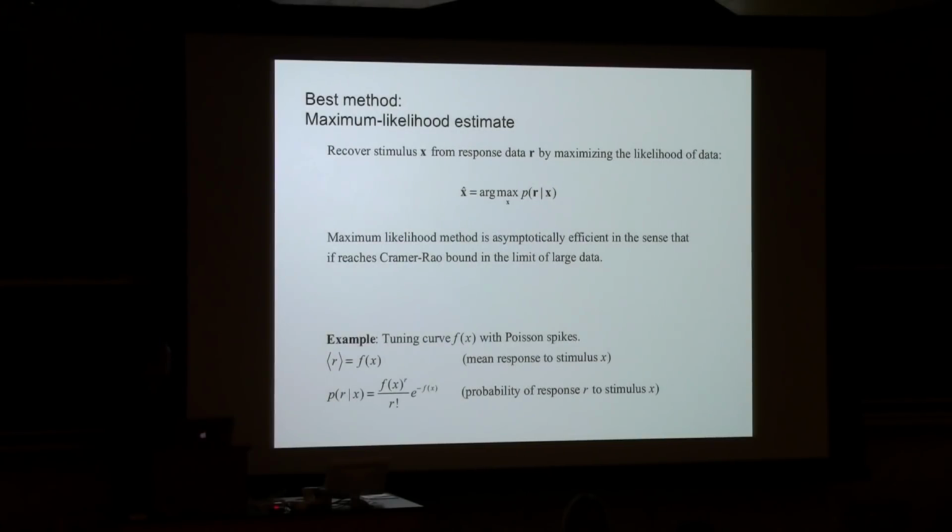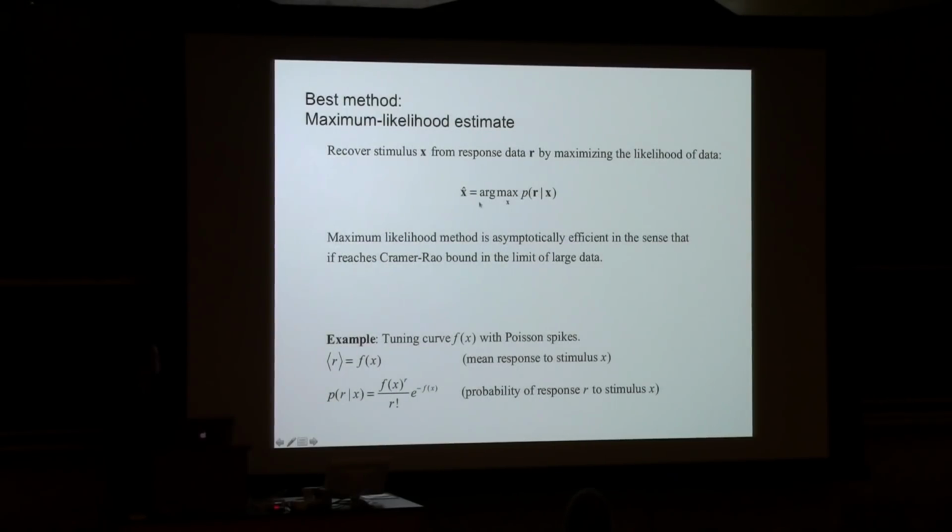What I want to find out is the underlying stimulus, like the reaching direction, the encoded variable x. They call this the likelihood function, right? In neuroscience, people would say this is how the response depends on the stimulus or on your variable.